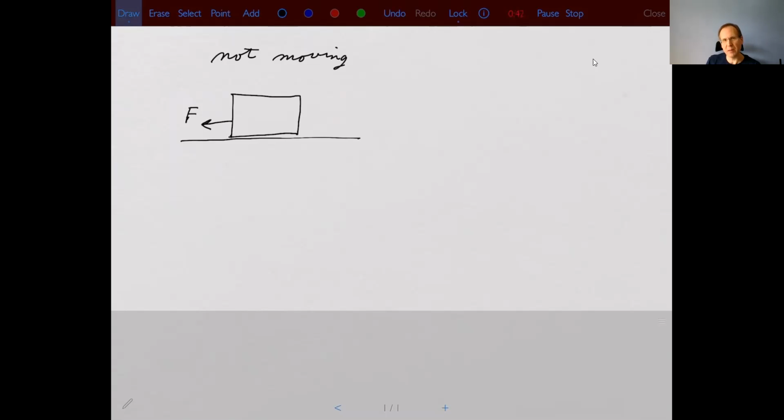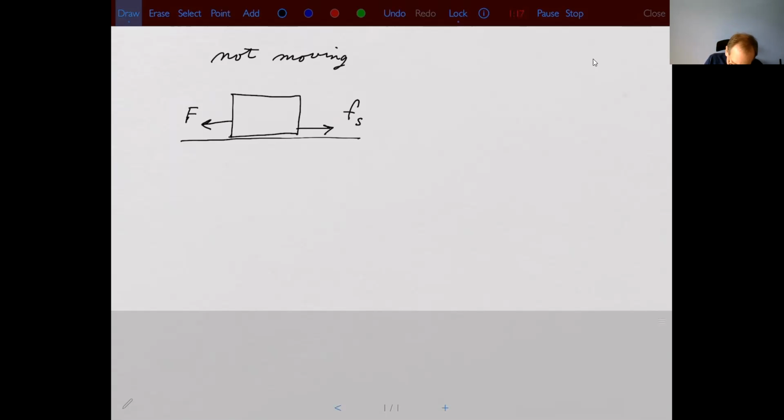Think of my force F as like the applied force. So there must be a resisting force that has the same magnitude, so it's the same length, and we call that a static frictional force. So this is F sub S, right? It's a static frictional force. Same magnitude, opposite direction. Why? Because it's not moving, so the acceleration of the object is 0. So if I sum those two forces together, I have to get 0, right? So they have to be opposite direction, same magnitude.